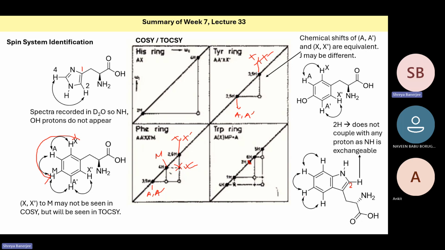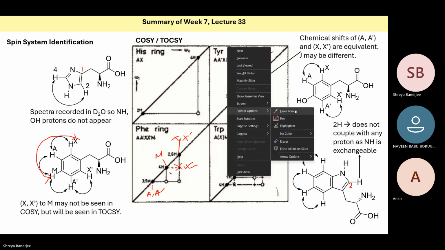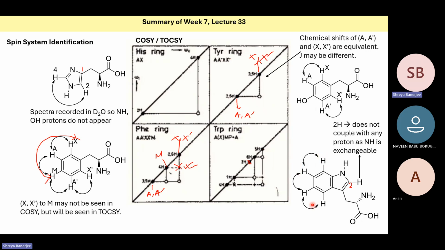The other hydrogens, so there are four other hydrogens, we can label as 4, 5, 6, 7. We can give different numbers, so these have been labeled according to that particular system. Basically, you can see there are four hydrogens here and four other peaks in the diagonal. The COSY cross peaks will only be the adjacent cross peaks, so you will have three COSY cross peaks, which are shown by the three white circles here.